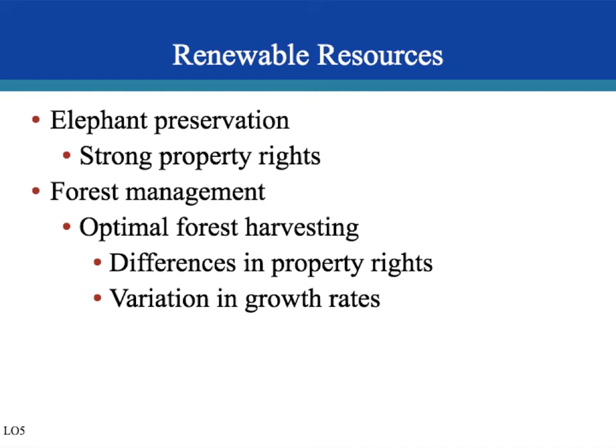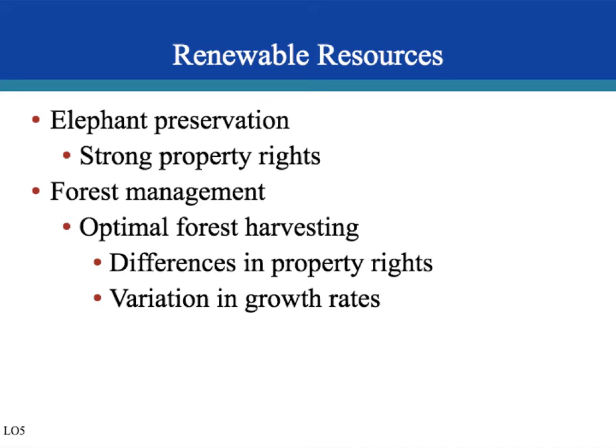Property rights has given people an incentive to preserve resources, and so we're going to look first at elephant preservation. So in the 70s and 80s, the elephant population was drastically declining in Africa. Elephants are being poached for their ivory tusks, very valuable.